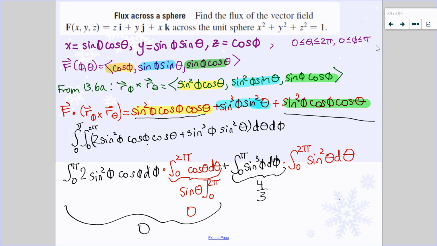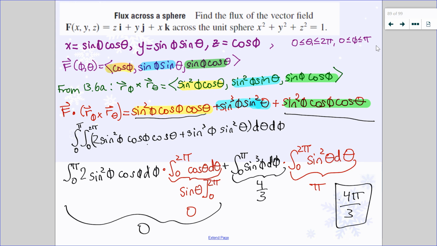That's going to end up being 4/3. This is going to end up being pi. So we get 0 plus 4/3 times pi. So the result is going to be 4 pi over 3. But I just didn't want to do the whatever trig identities that we would need to do that.